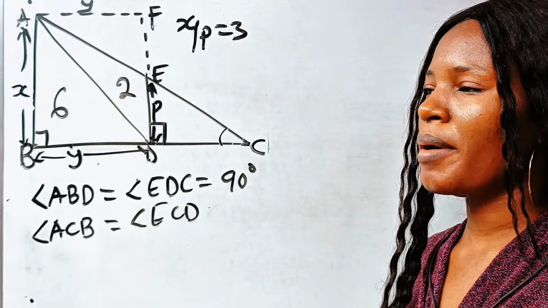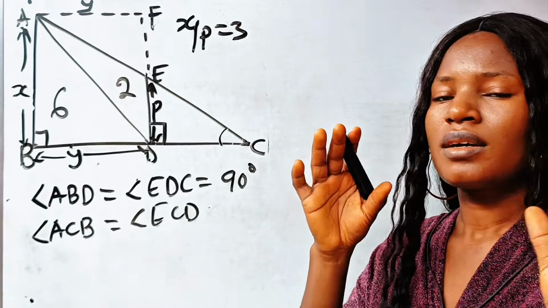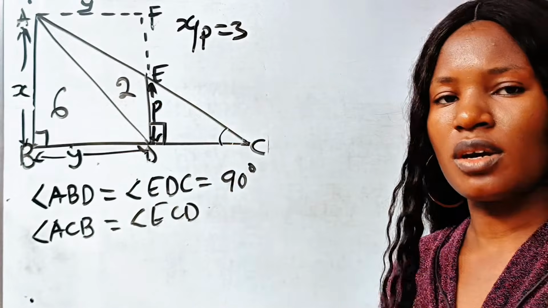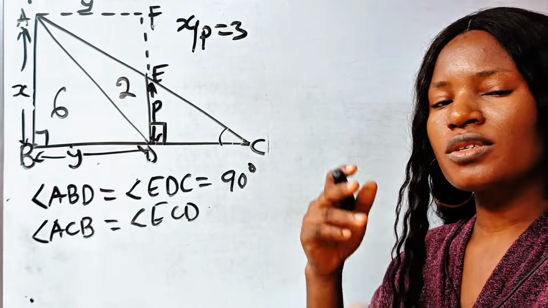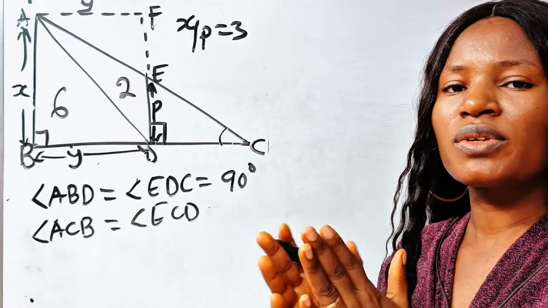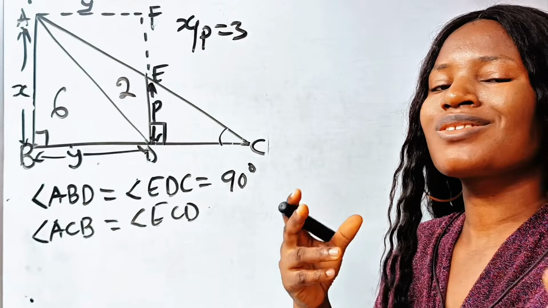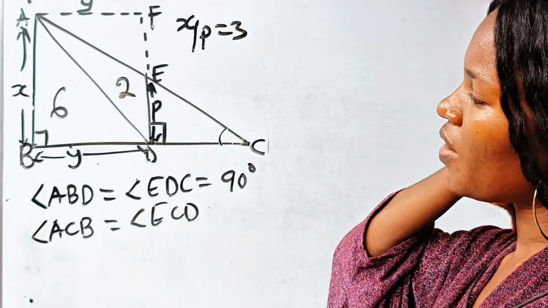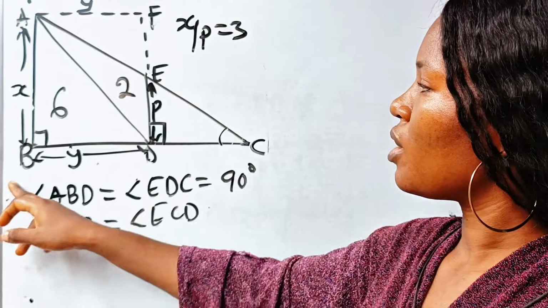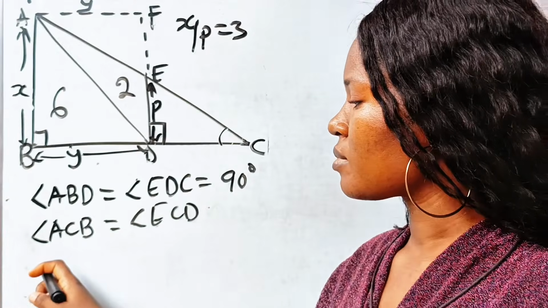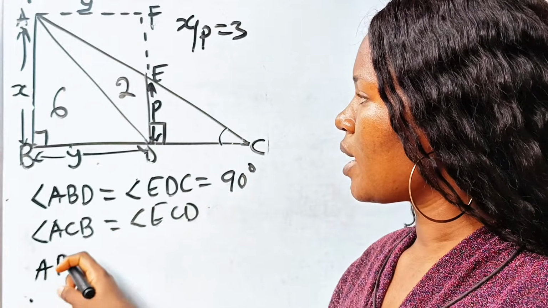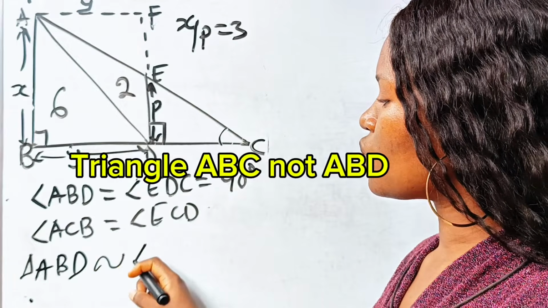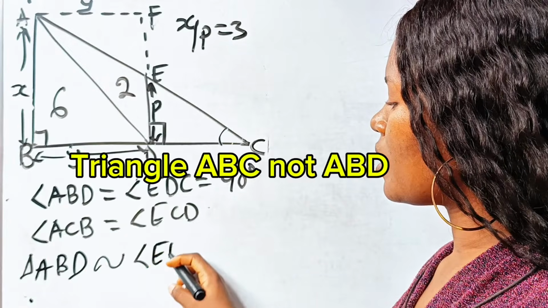Now, I want us to remember that the ratio of the corresponding sides of two similar triangles is equal to the square root of the ratio of their corresponding areas. The ratio of their corresponding sides, if I take AB, is AB over ED. So triangle ABC is similar to triangle EDC.